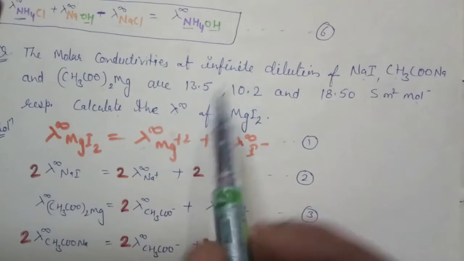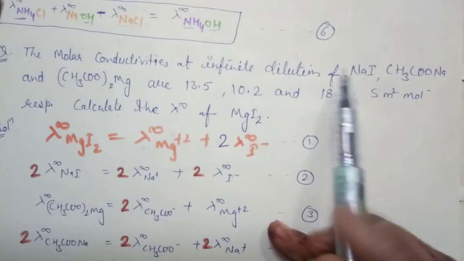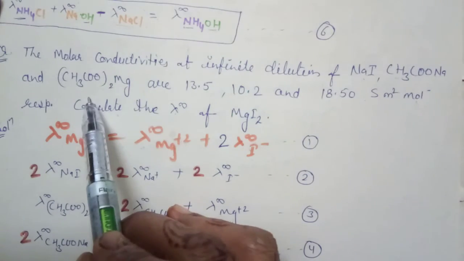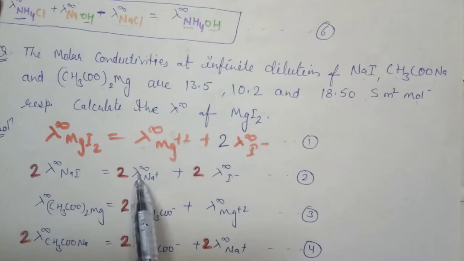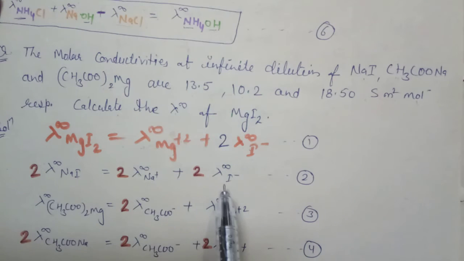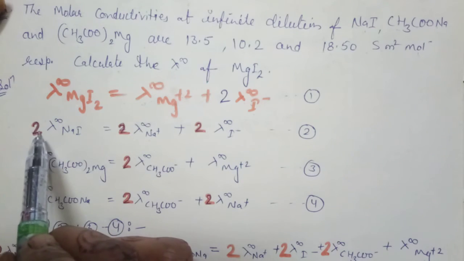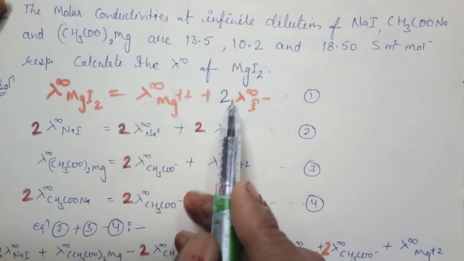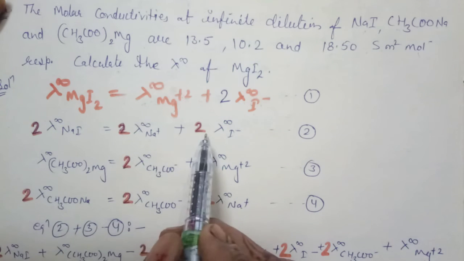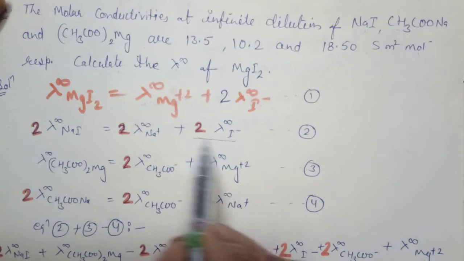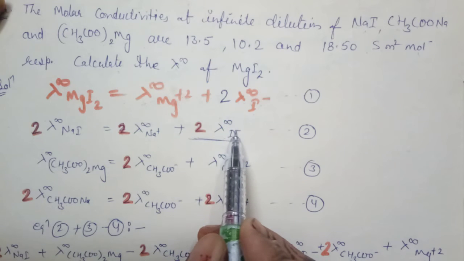Now we are writing the Kohlrausch law for these given 3 electrolytes. Lambda infinity NaI is equal to lambda infinity Na plus plus lambda infinity I minus, and this equation is multiplied by 2. Why? Because we want 2 lambda infinity I minus. So after multiplying this equation by 2, we obtain 2 lambda infinity I minus.